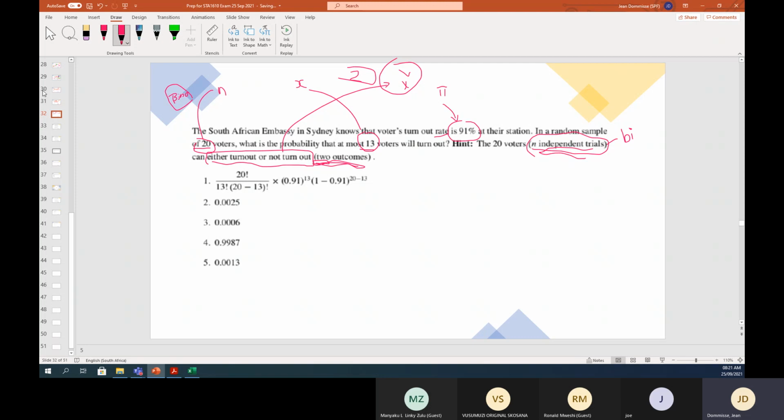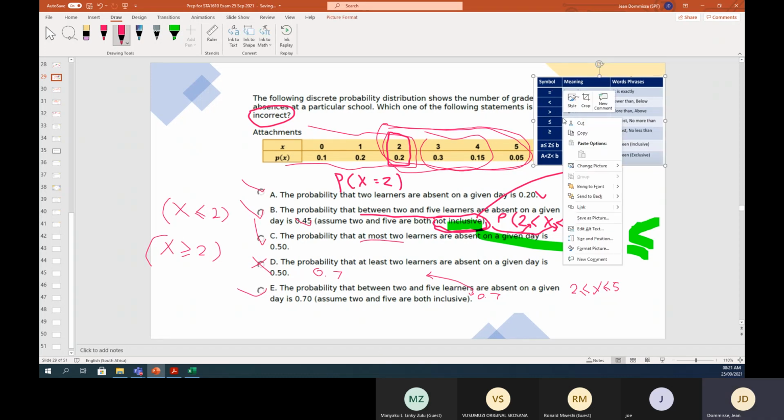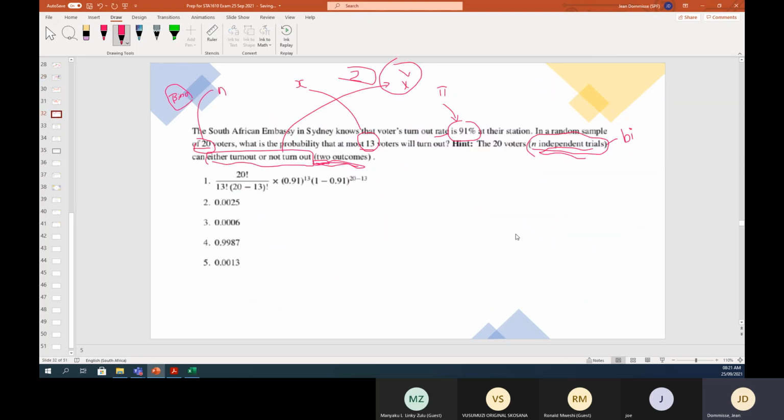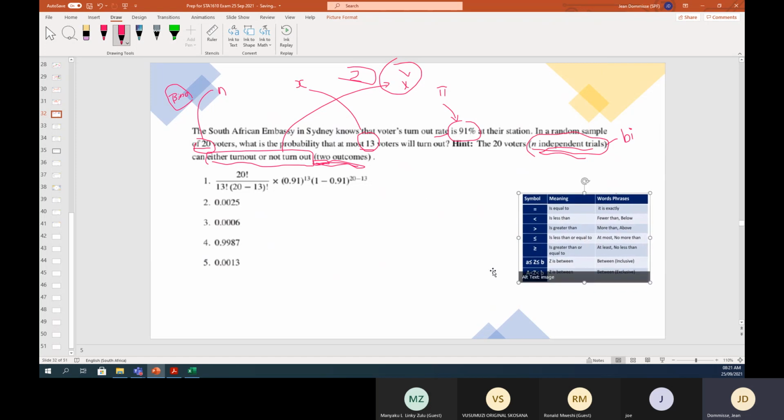I just want to go back to the table, this one, because I thought this was a nice one to add, that we know what the at most and things like that means.